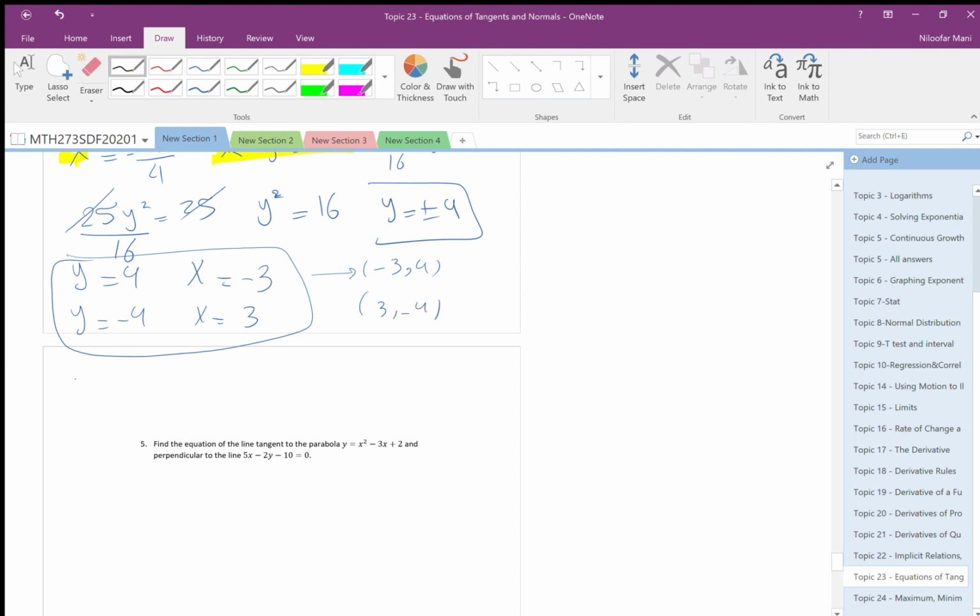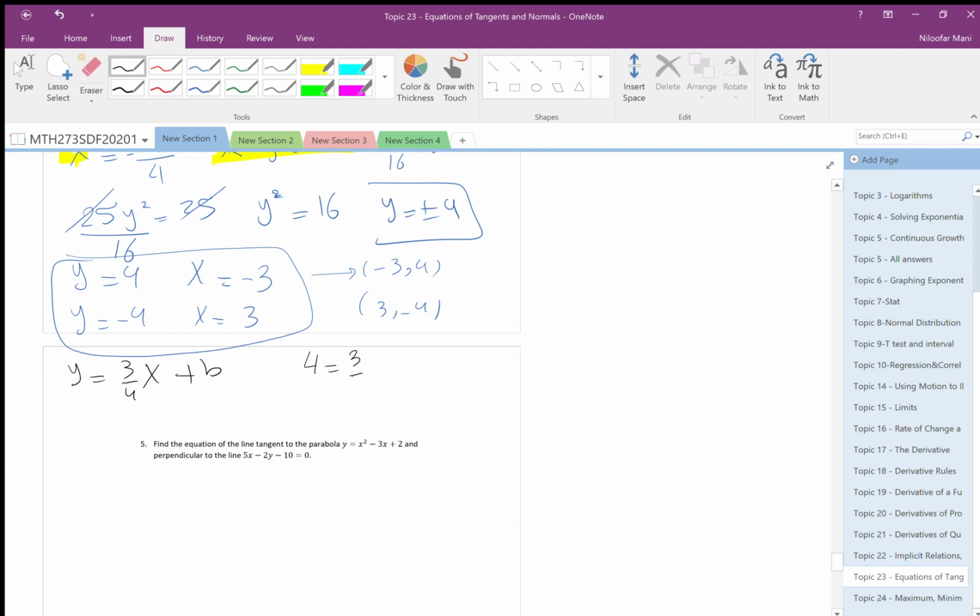It is y equal 3 over 4x, which is the slope, plus b. Put y equal 4, or for example y equal minus 4. That doesn't matter. So I can put 4 here.